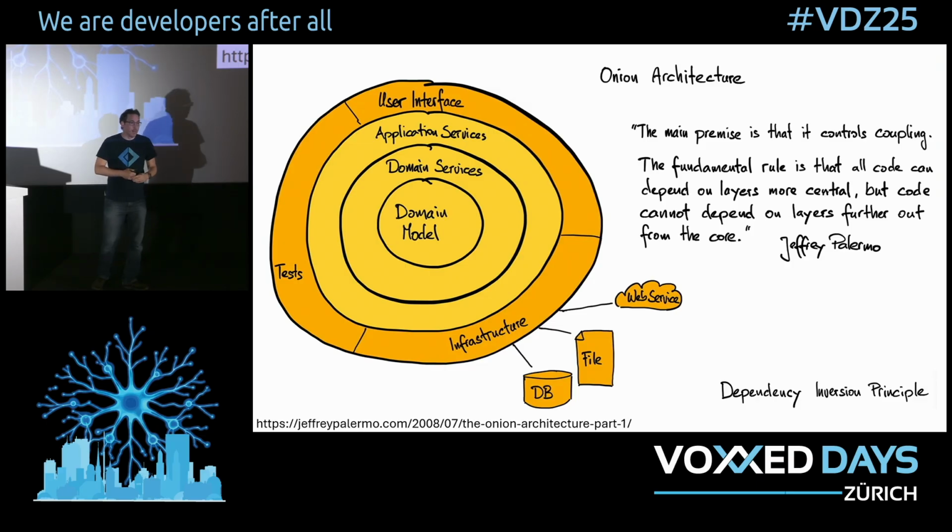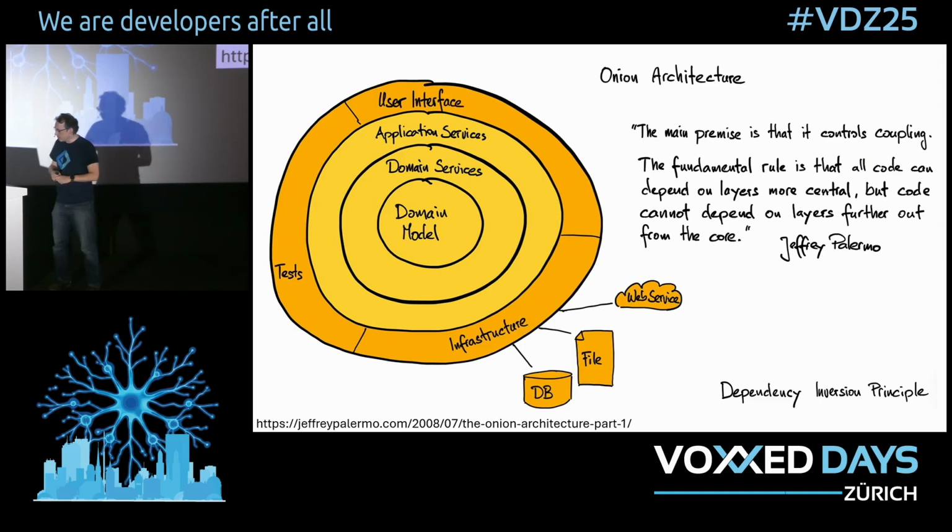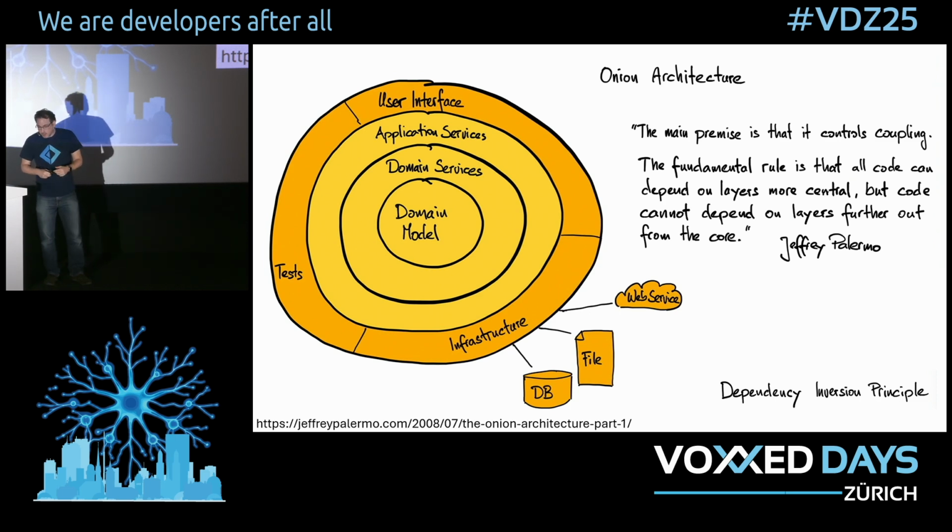Back then, in big enterprises, you had a shared model between different teams and different applications. This was the big domain model, and you wrote your own application services for your own application. And he states that the main premise is that it controls coupling. The fundamental rule is that all code can depend on layers more central, but code cannot depend on layers further out from the core.